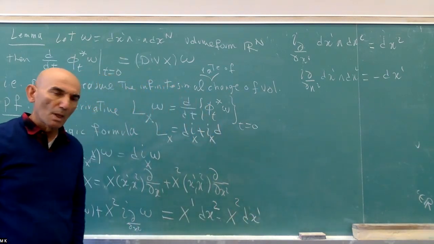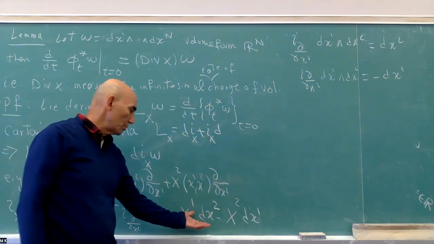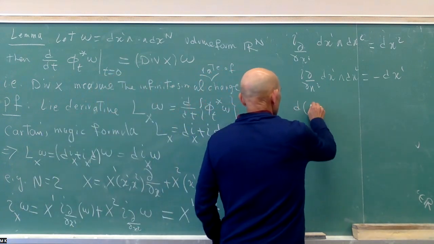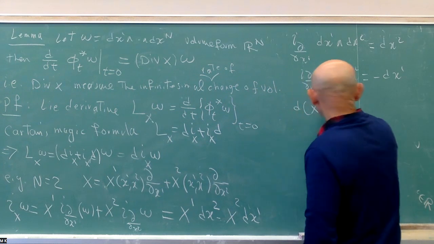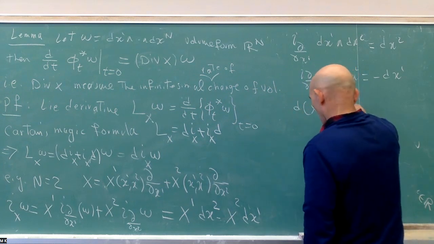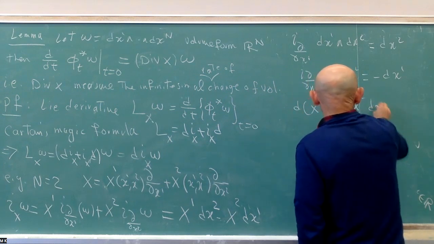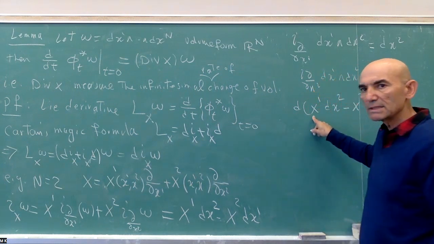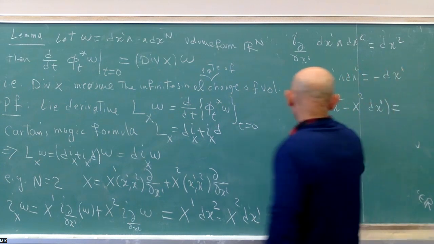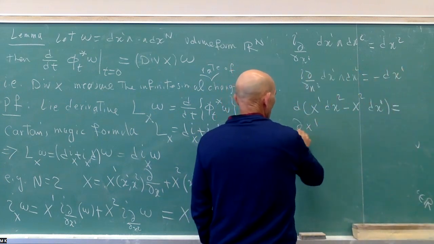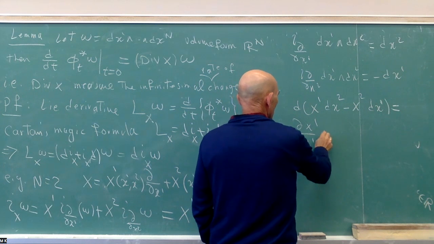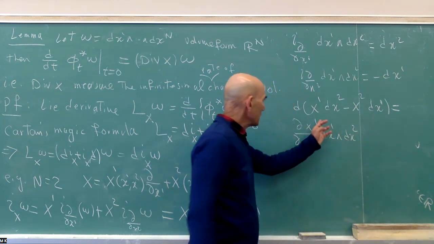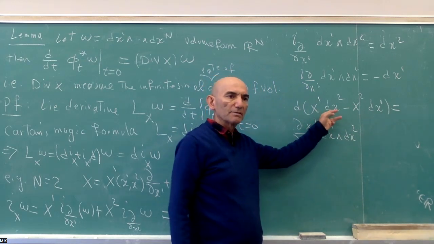Okay, now we have to compute the d of this term, x1 dx2 minus x2 dx1. What is that? Well, this is partial of this dx1 wedge dx2, and notice that the dx2 part cancels with this.